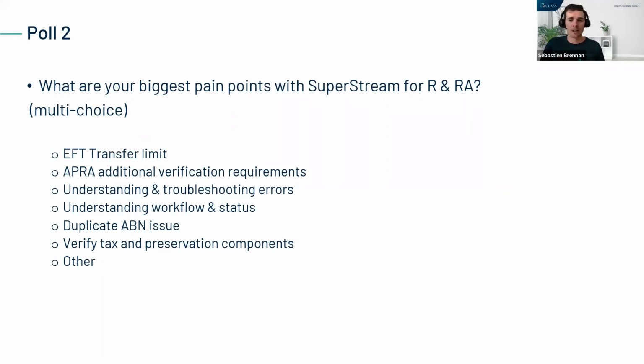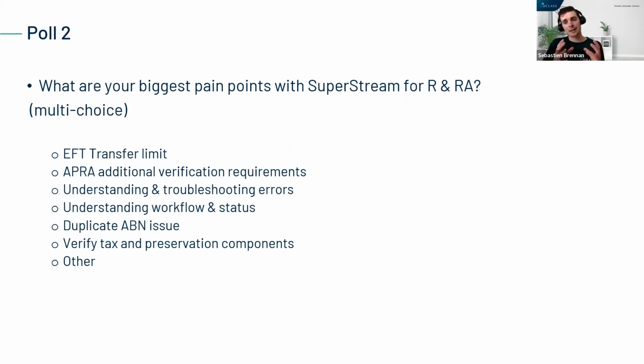The electronic fund transfer limit, again, we know that has been discussed quite a lot. At the moment, what the ATO is suggesting is that you try to increase the transfer limit before you make a transfer, that you do need to make sure that there is only one transfer for each associated message.